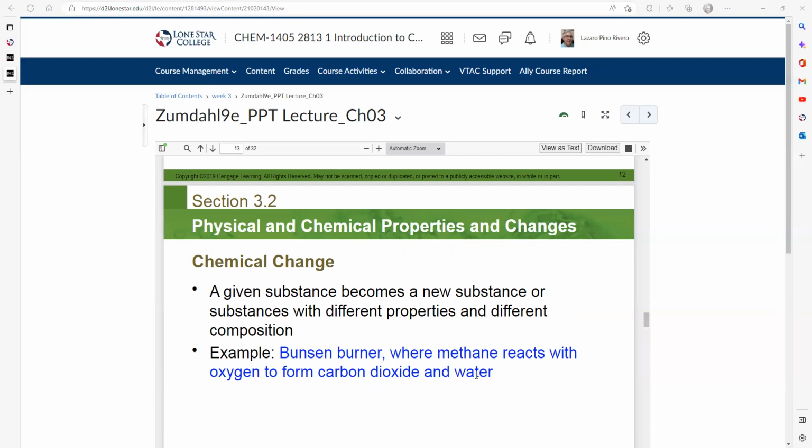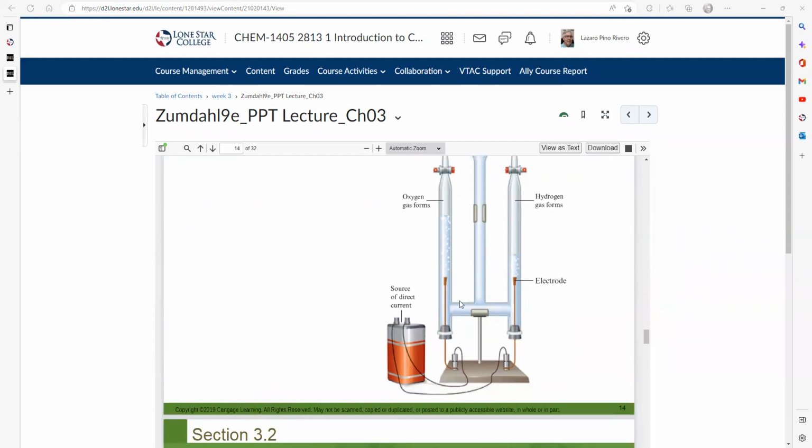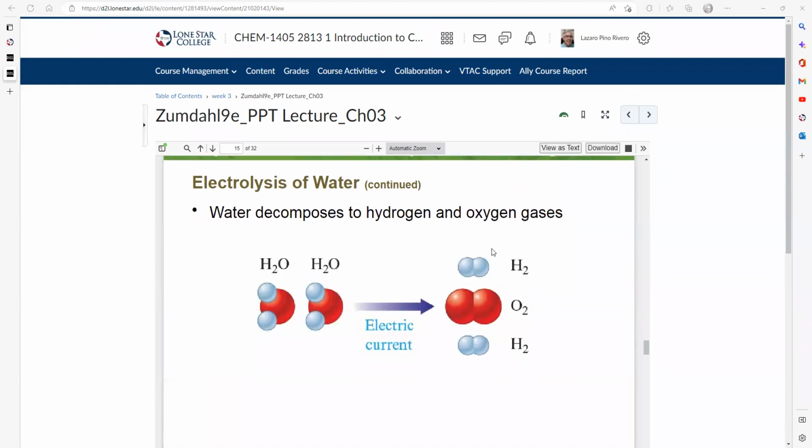Carbon dioxide and water, and of course, energy. The electrolysis of water is when the electricity makes the water break into hydrogen and oxygen. Then the electrolysis of water is an example of chemical change.